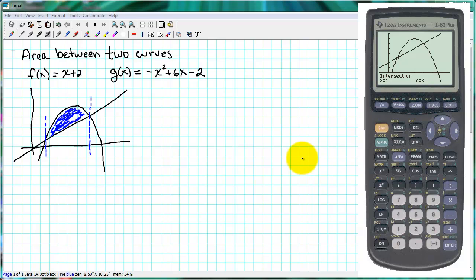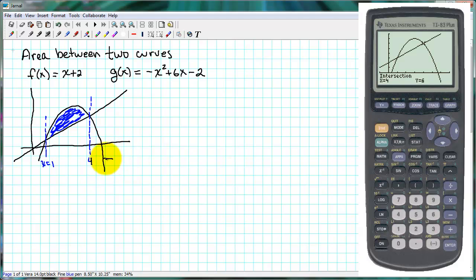So we have an intersection point here at 1, 3, so this x value here is x equals 1. And let's find our second intersection. It's at 4, 6. Now we don't really care about the y values. We're at x equals 4.